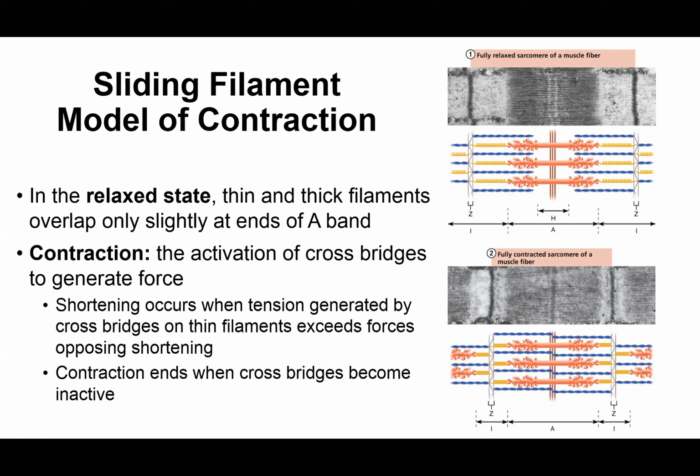Just a reminder, here's our M line right here in the middle of our H zone. Because these cross bridges are occurring, these thin filaments are essentially just moving towards the M line. So we're just moving this way. And because of that, the whole cell becomes shorter.